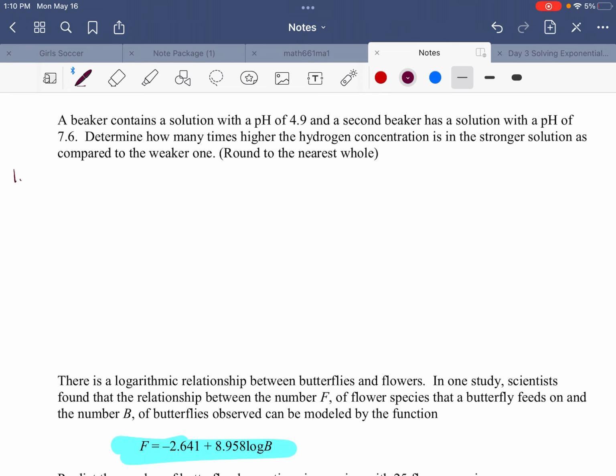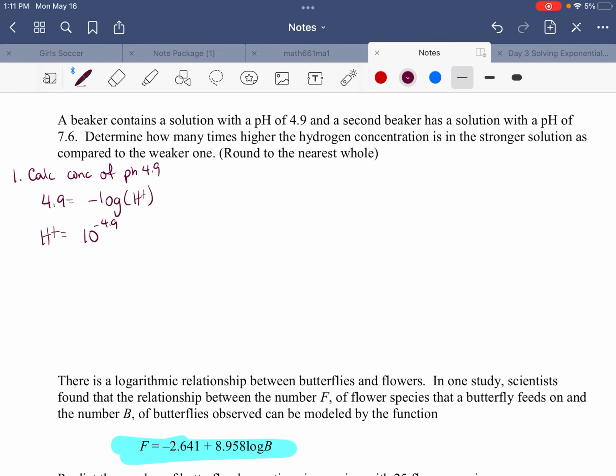So step 1 is calculate the concentration of the first, a pH of 4.9. So in this case, we get 4.9 is equal to negative log H positive. Rearranging this, we get 10 to the negative 4.9.